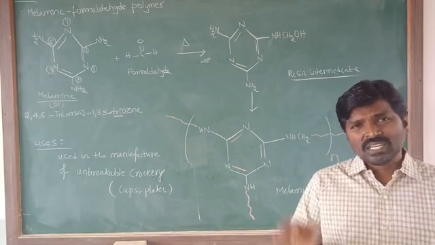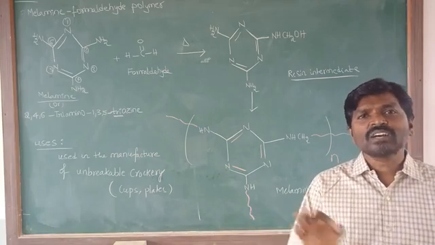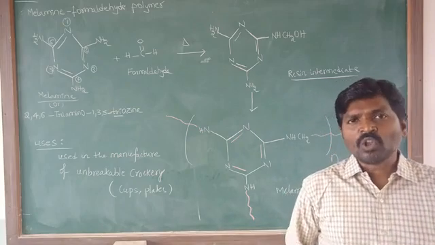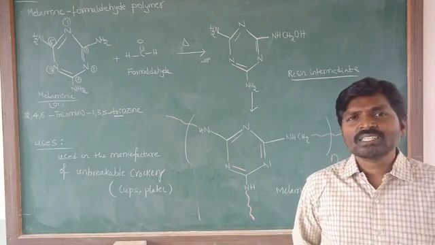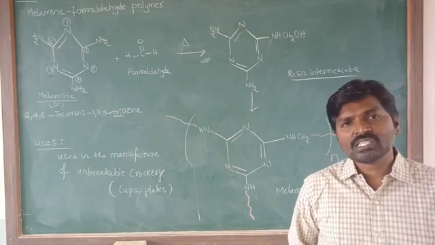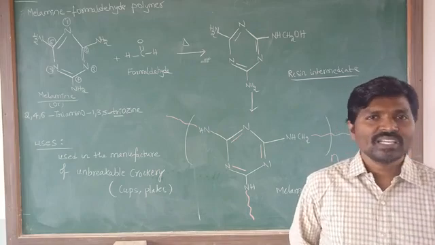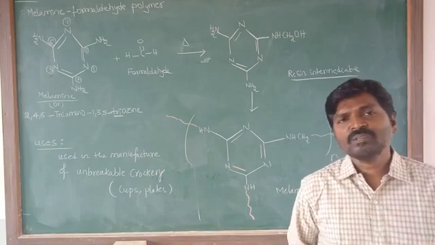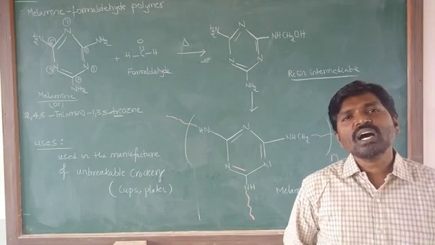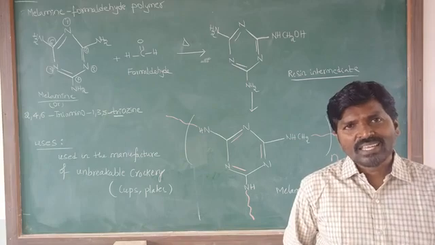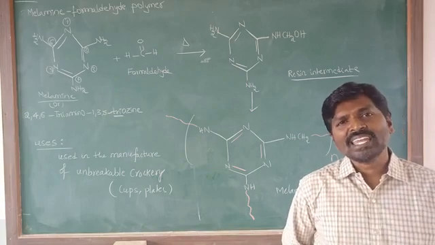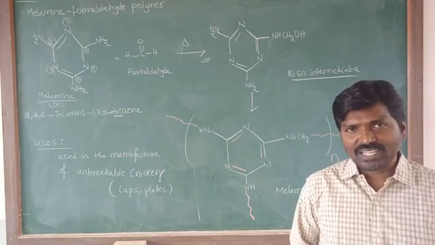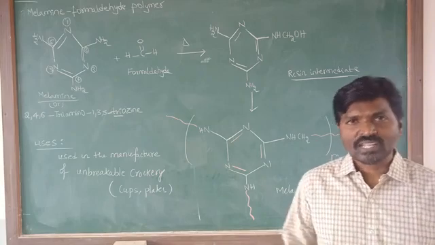Whatever it may be, if we take different types of monomeric units, then such type of polymerization is called copolymerization. The best examples for copolymerization, as we already know, are Buna S and Buna N. Now we will discuss those things.